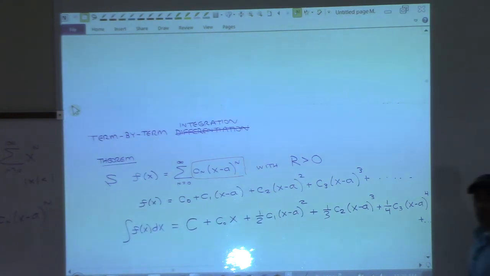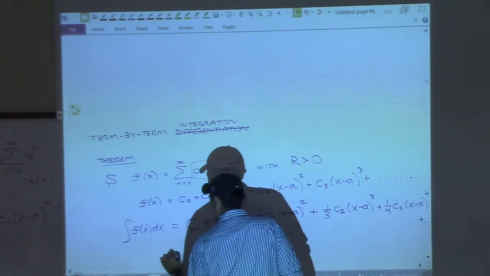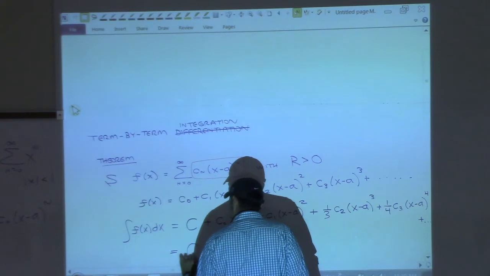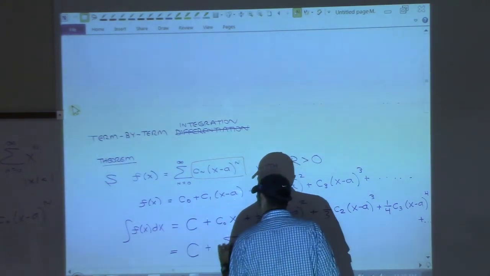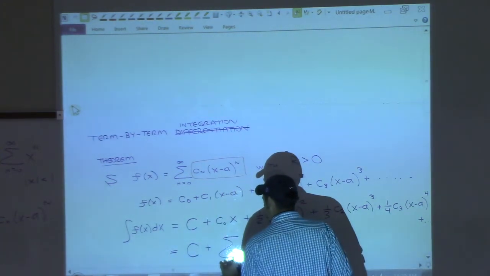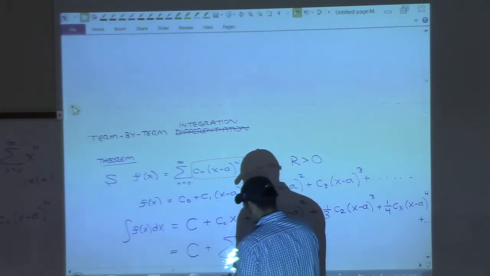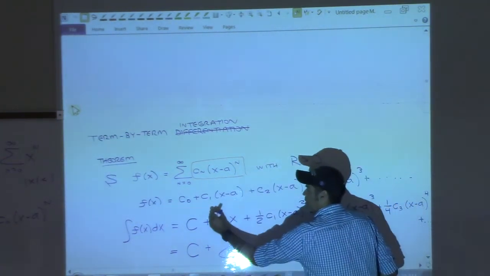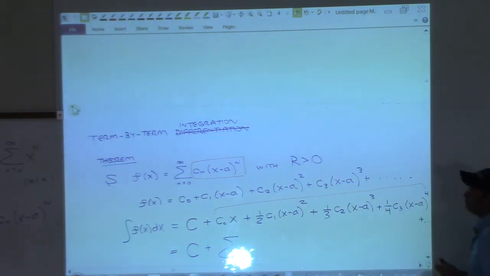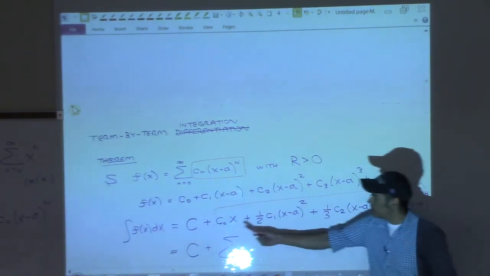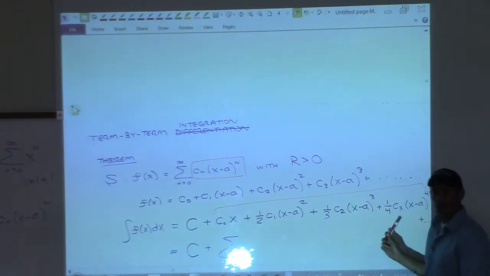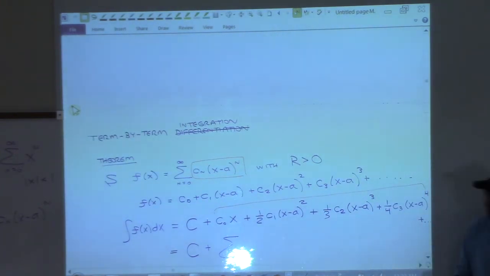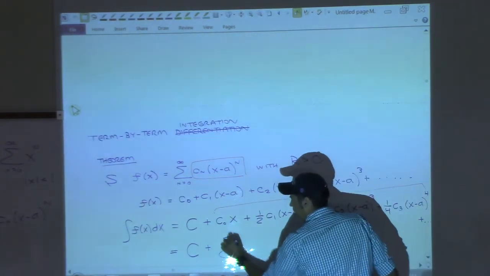Now let's rewrite this as a sum. Equals c plus sum n equals, let's see where we're going to start. Okay, we're working on trying to rewrite that. So look at my c's. C sub 0, C sub 1, so I should probably start at 0, and go to infinity.